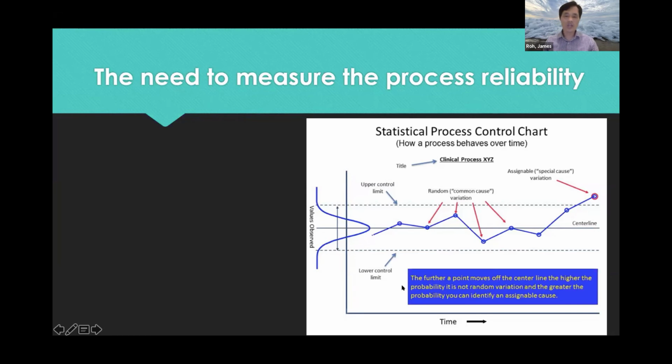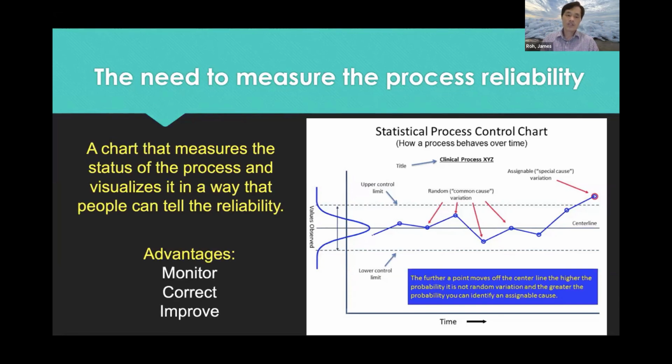Before, you had no idea how the process was working out. However, now, because you have this statistical process control chart, you understand and visualize the process, and you can analyze it and do something about that. So that's the beauty of the statistical process control chart, because you are understanding visually what is happening with your process.